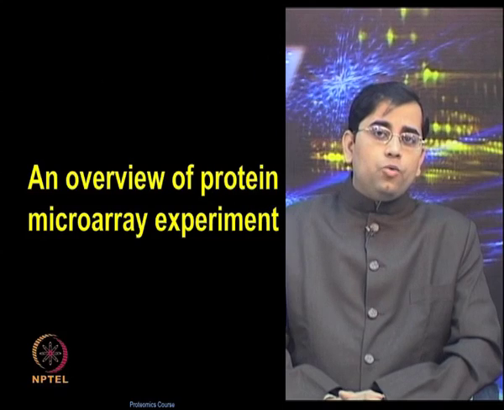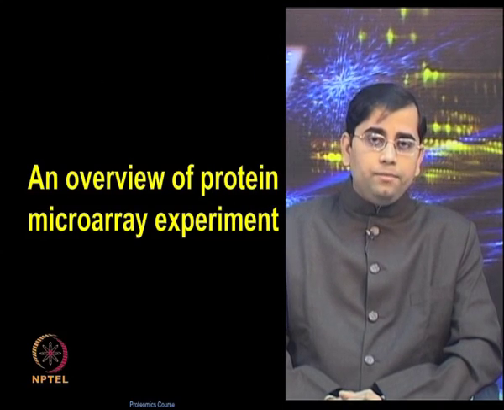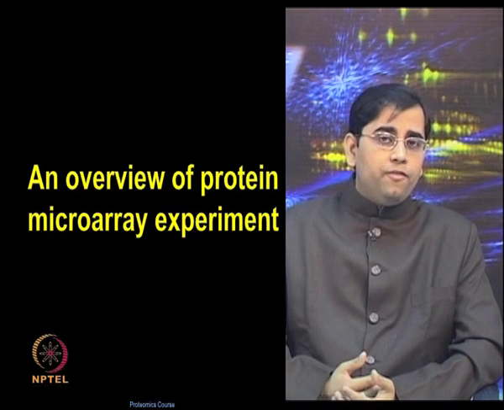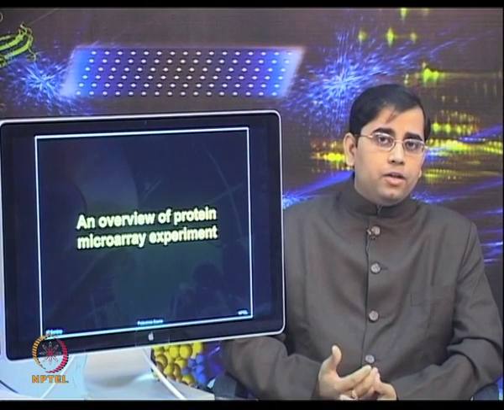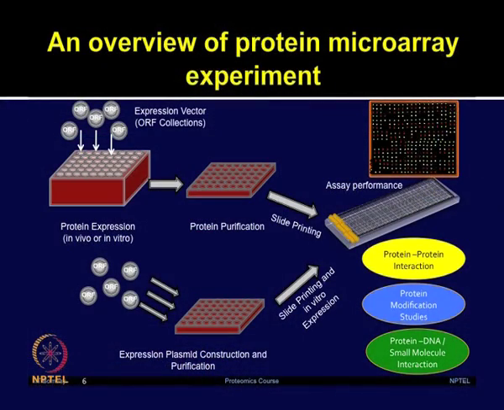So, let me give you an overview of a protein microarray experiment, because regardless of the kind of application you aim for, you have to perform certain steps so that you can use this protein chip to address your biological question. As shown in this slide, first of all you need to take the open reading frames, the cDNA clones for which you want to make the proteins.